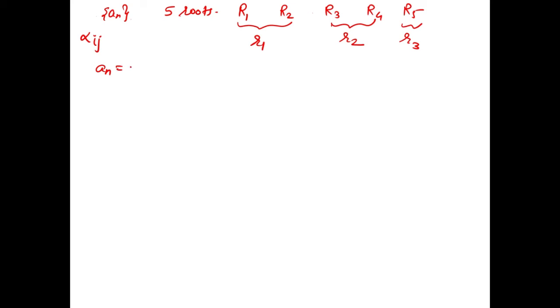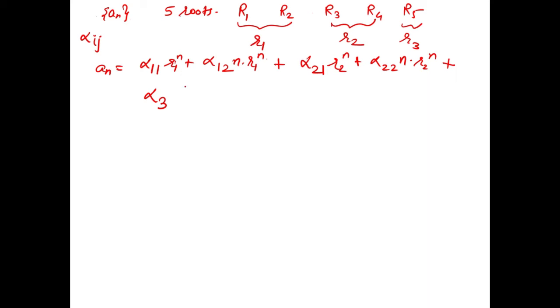So I'll write the equation as alpha 1 1, that is the first repetition of root r1, into r1 raised to n, plus alpha 1 2, that is the second repetition of root r1, n into r1 raised to n, plus alpha 2 1, the first repetition of root r2, r2 raised to n, plus alpha 2 2 into n into r2 raised to n, plus alpha 3, the third root is non-repetitive, so it is r3 raised to n.